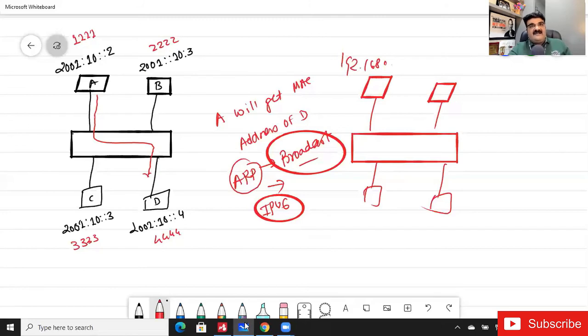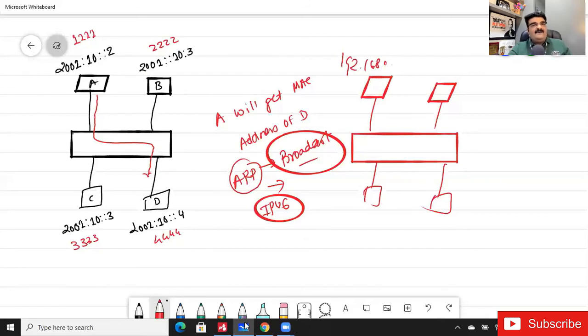This is my question now. Yes or no? Brijesh Panchal is saying no, we cannot. Rajkumar is saying no, multicast. Prakash Kumar is saying no. Mark Donald is saying no broadcast.